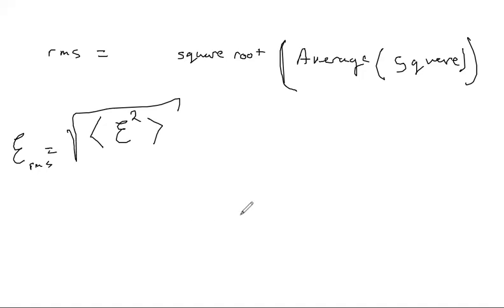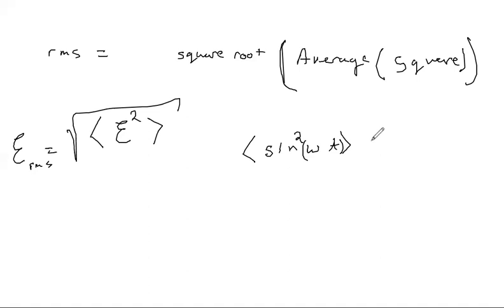Now, there are two ways to do this. The long-winded way to say it is, ultimately we're going to need the average value of sine squared of omega t, and for the average value, you'd use the mean value theorem of integral calculus.